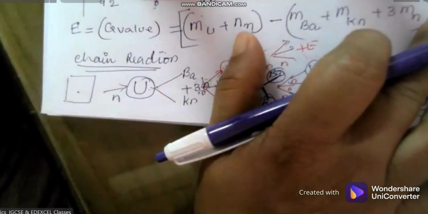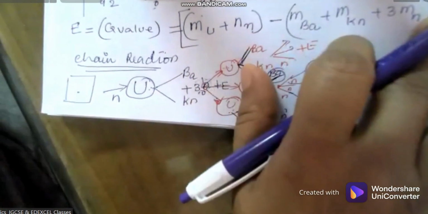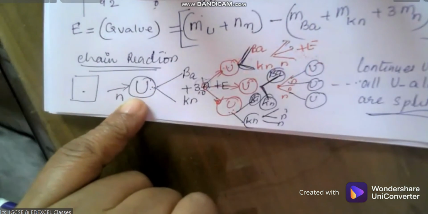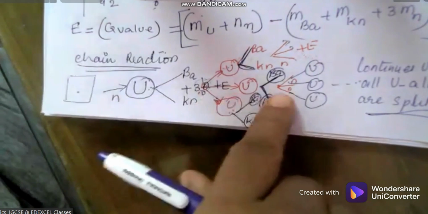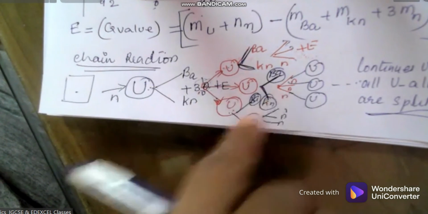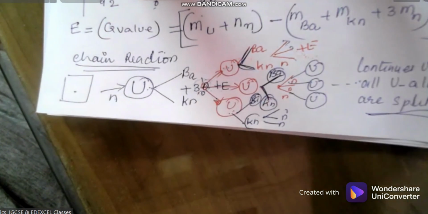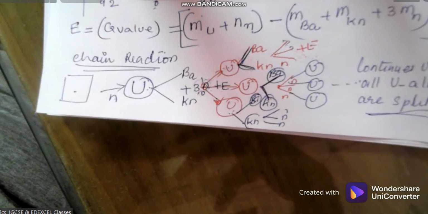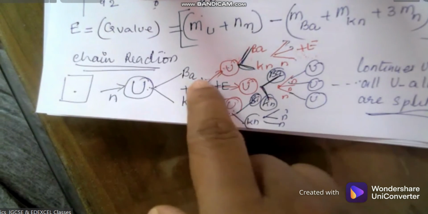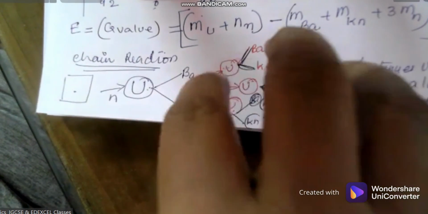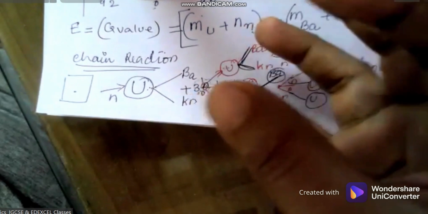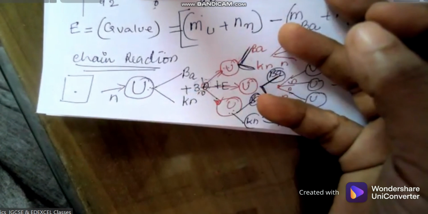If you have 100 uranium atoms in a sample, and you trigger only once in the beginning, this happens quickly until all the 100 uranium atoms are split. If you don't control it, all these uranium atoms will get split in a fraction of a second.